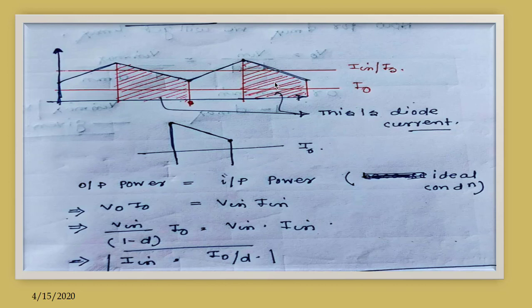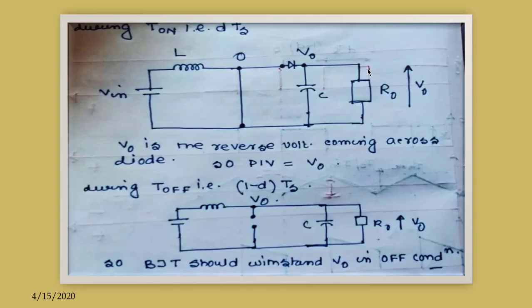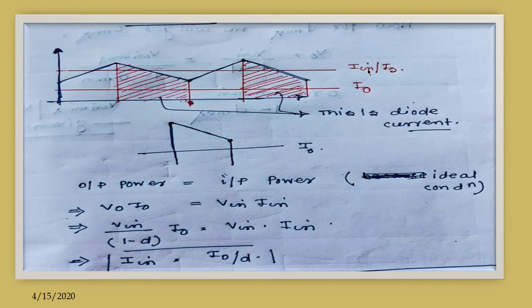Now for BJT, what is my average current? Is it I in or IS? Now we know from here, it is here, I have forgot to mention it.